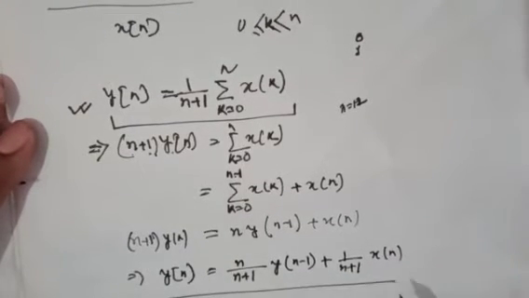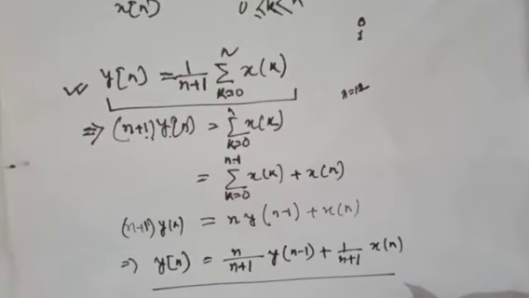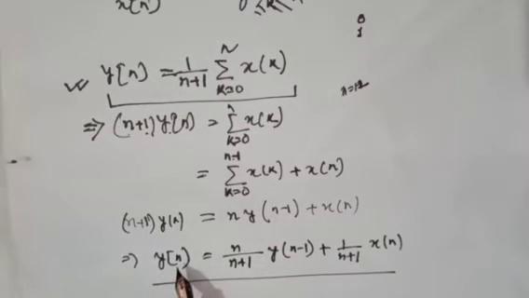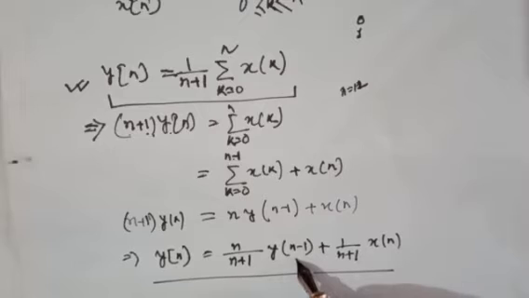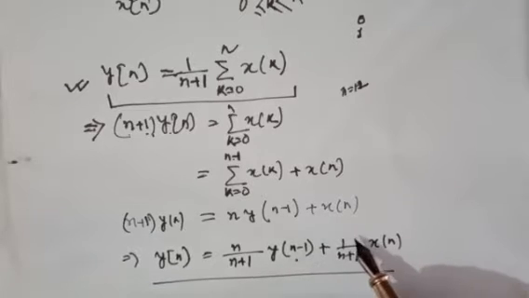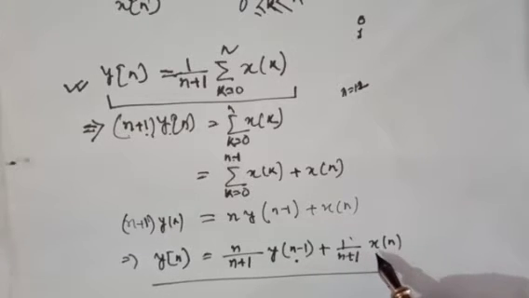Now look at this equation. At any instant of time n, if you are calculating the output, n by (n plus 1) is a constant, and it multiplies just the past output, plus 1 by (n plus 1), again a constant, times x of n, the present input.